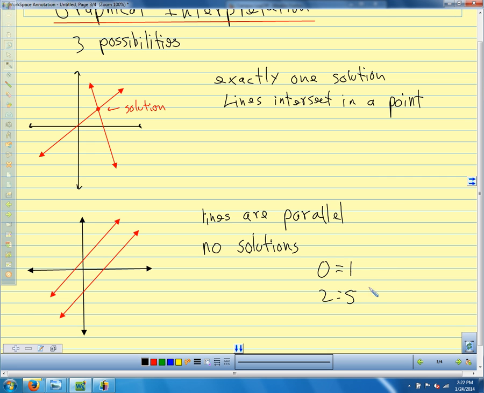This would tell us no solution, because 0 never equals 1, 2 never equals 5. So anytime you come up with something like this, that tells you that your lines are parallel. There are no solutions. And if you found the slopes of both of those lines, the slopes would be the same.